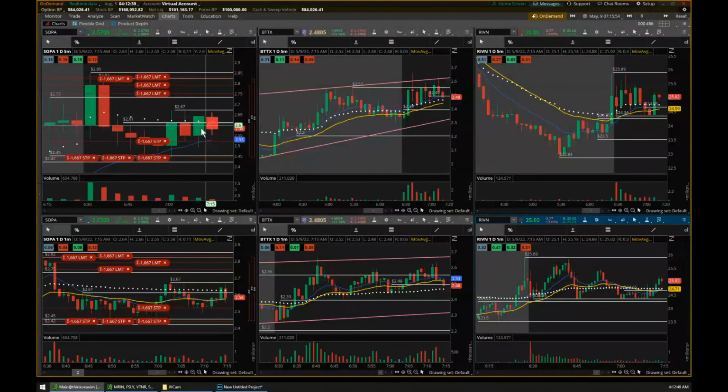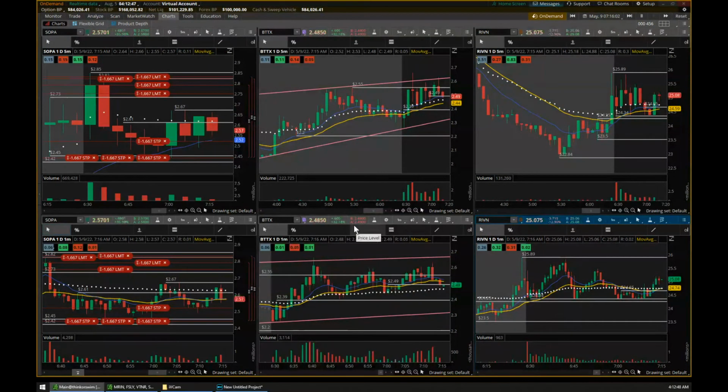It's a brand new 5-minute candle. I'm not going to panic yet, but I don't like how you have the upper wick here. Give it a couple minutes to try to recover.